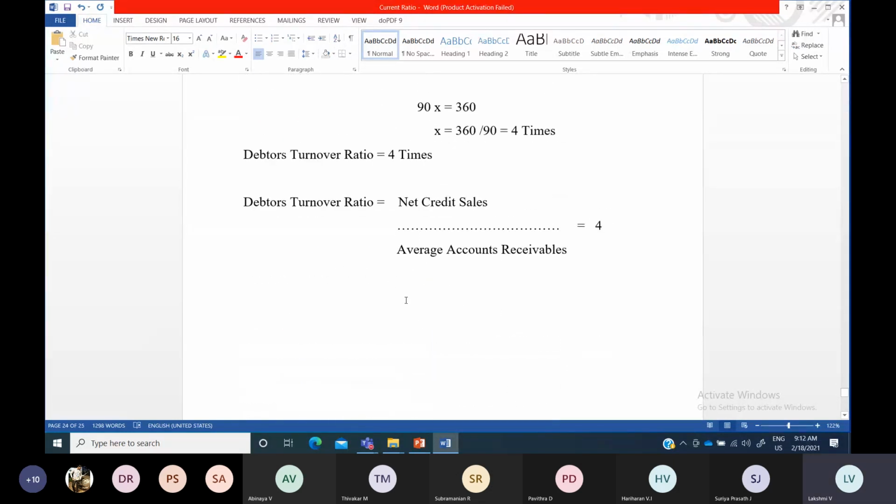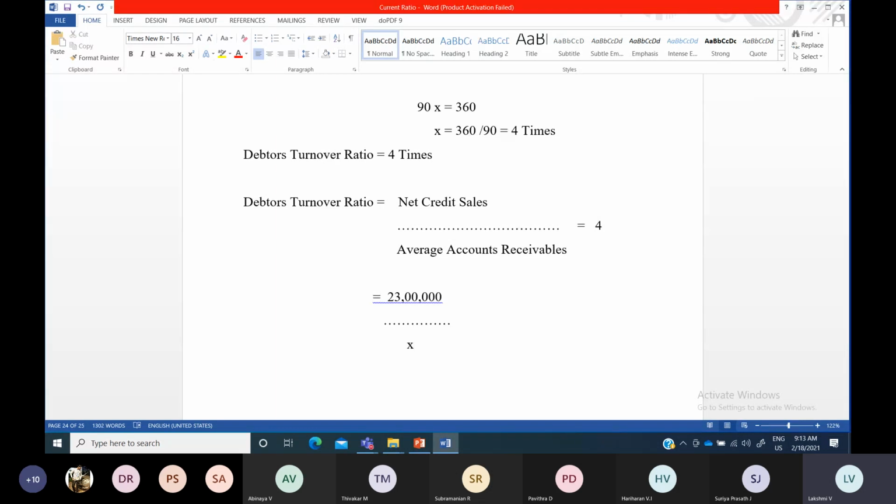So now let us mention here 23 lakhs. Now this amount, the net credit sales amount, is 23 lakhs.